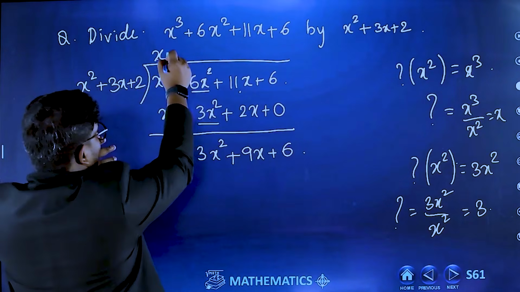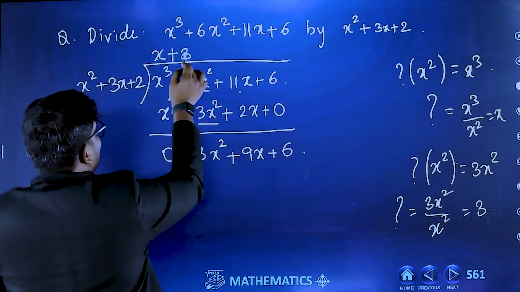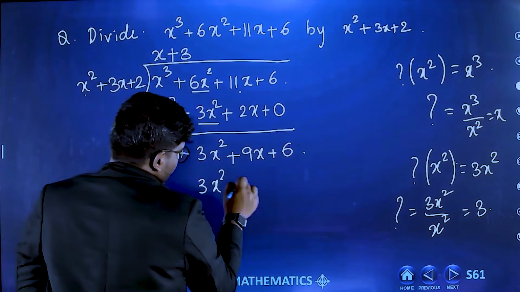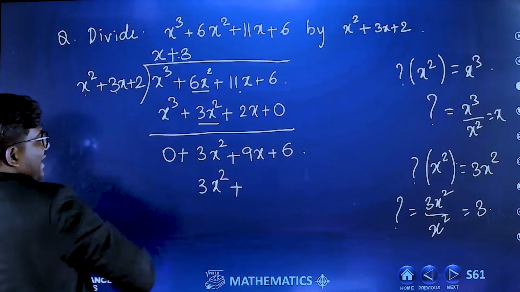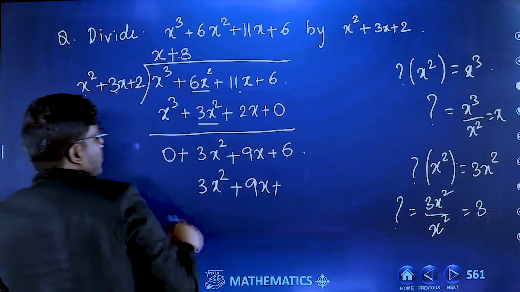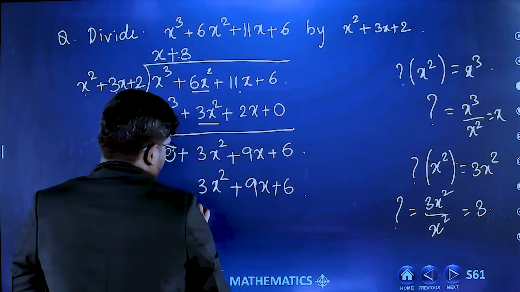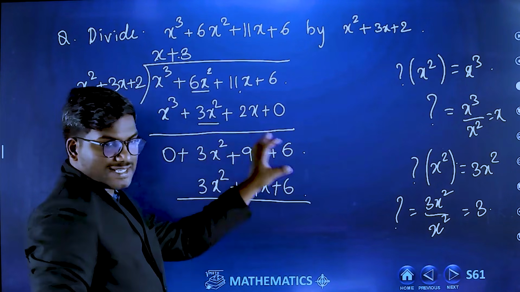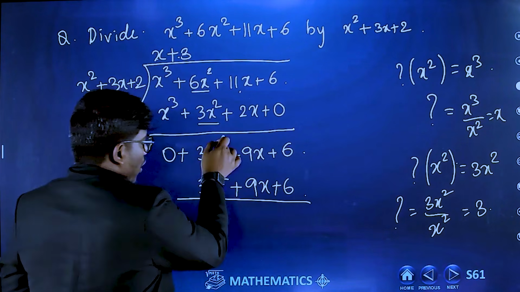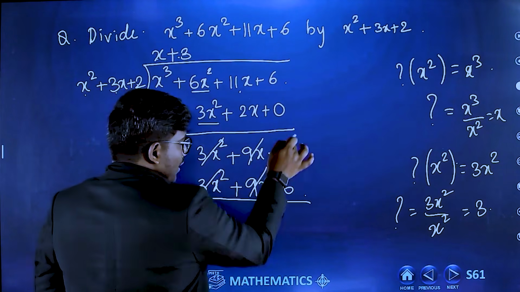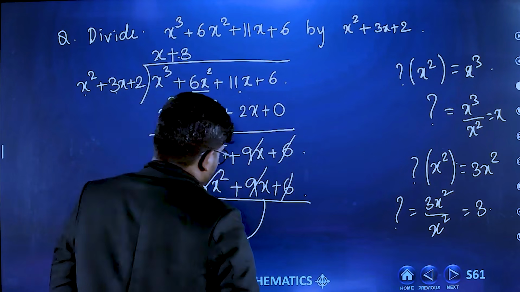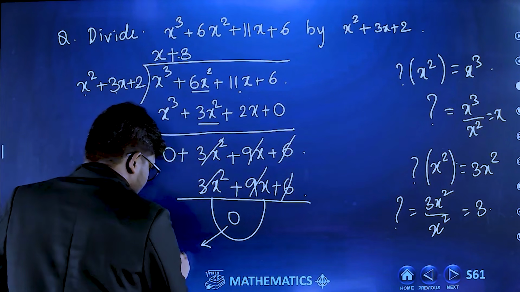So I'll write a plus 3 here. 3 times x square will be 3x square. 3 times 3x will be 9x. 3 times 2 will be 6. So 3x square plus 9x plus 6 minus 3x square plus 9x plus 6. All of the terms are the same, so everything gets cancelled, leaving us with a remainder 0.